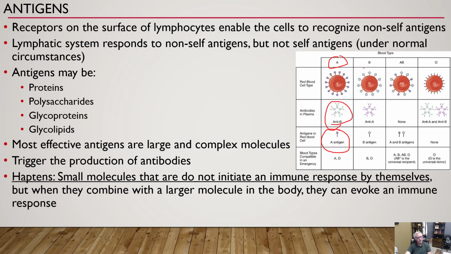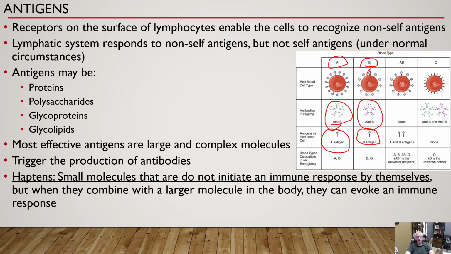You have type B, so you have B antigens on the surface of the red blood cell, and then you have anti-A antibodies floating in your bloodstream. So remember, antigens are on the cell itself.